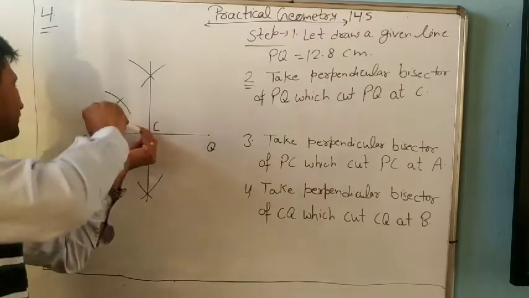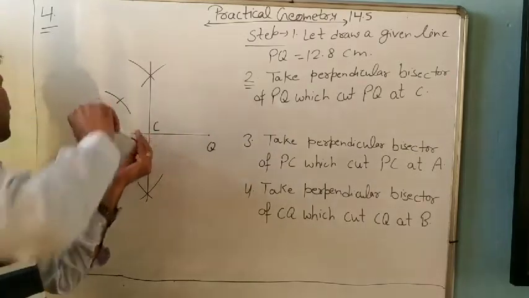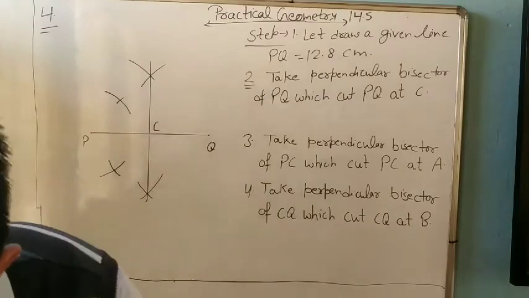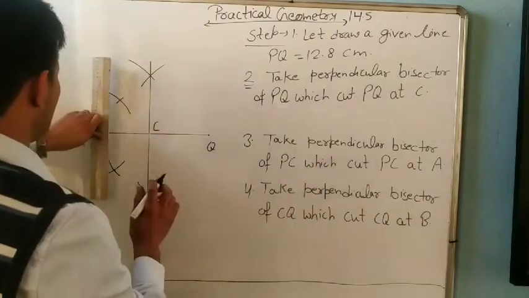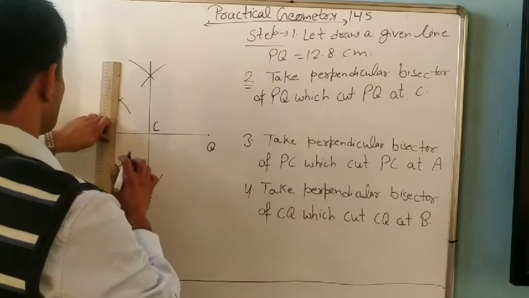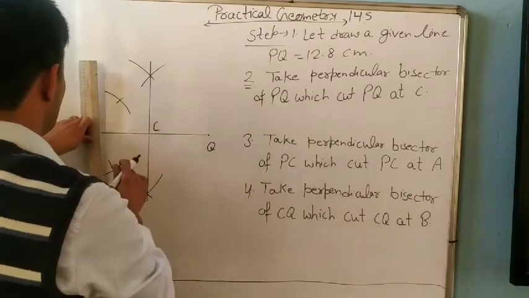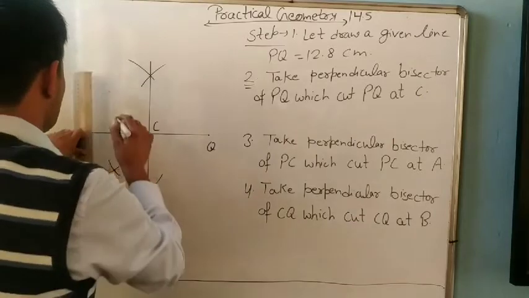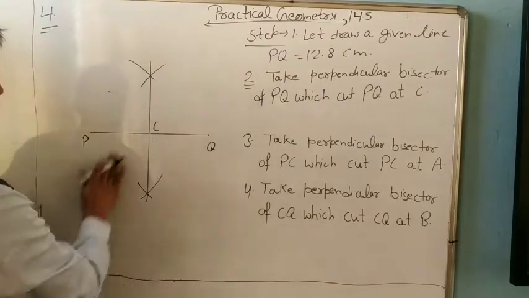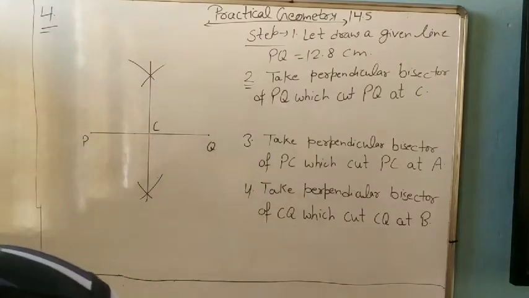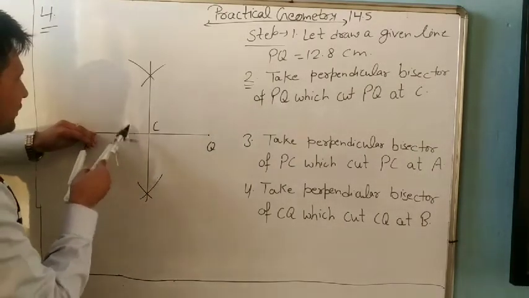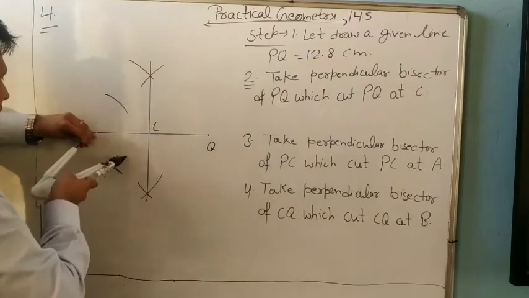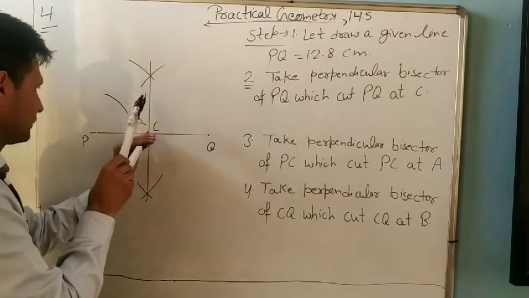The surface is very smooth, that's why. Okay, so now we will join it again. Take the perpendicular bisector of PC. Again, open the compass more than half, because the surface is very smooth.